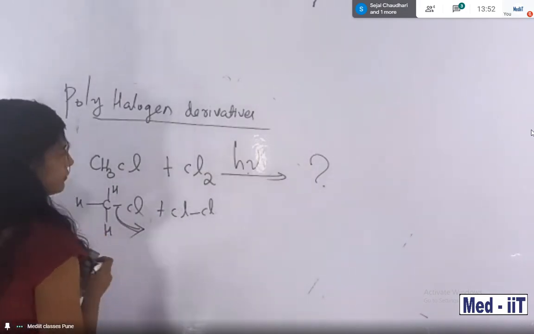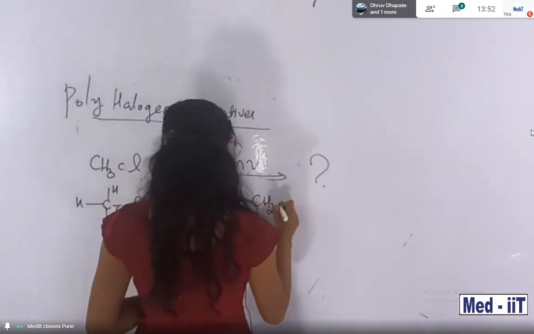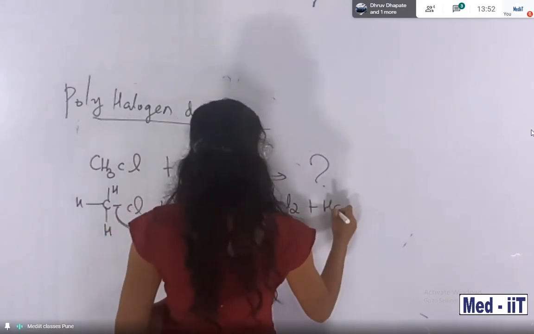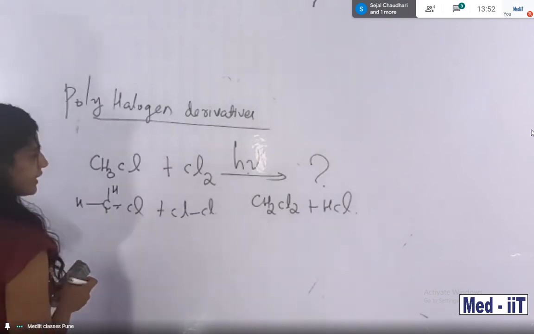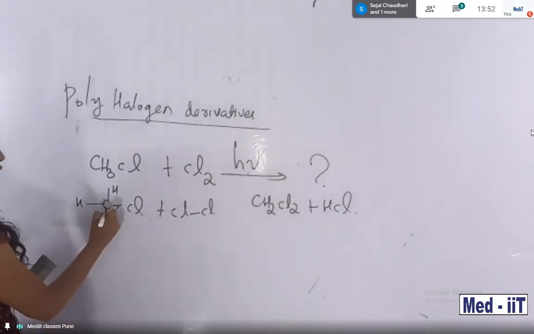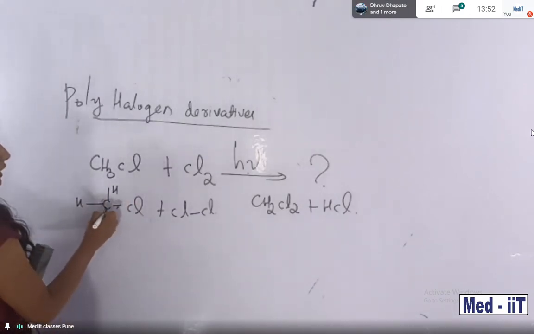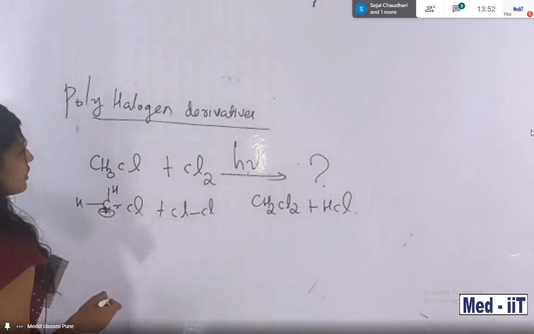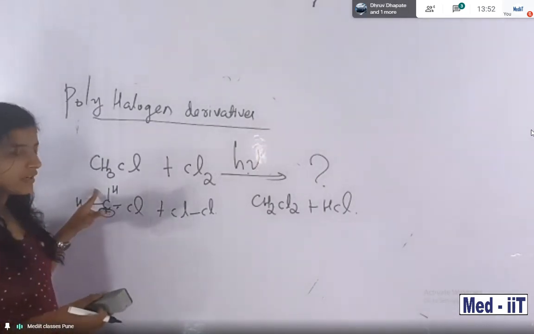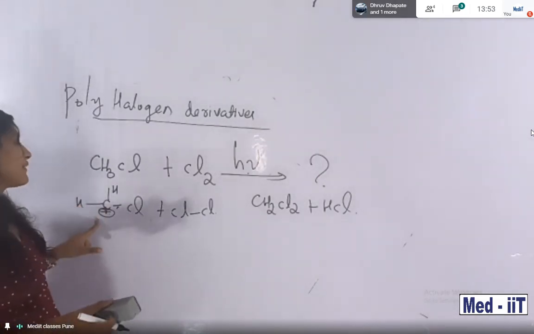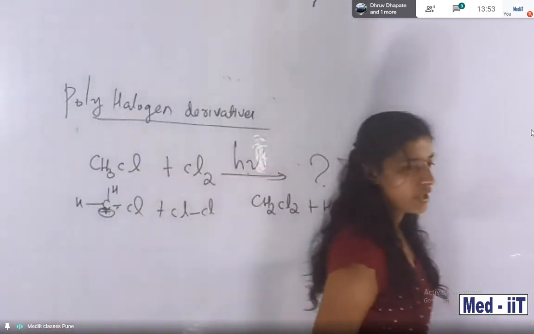Then definitely CH2Cl2 plus HCl. One hydrogen, a proton, is removed, na? So the negative charge is here, and that negative charge reacts with one more chlorine. CH2 and Cl are already there, and one more chlorine will enter. So CH2Cl2. Right, you are right.